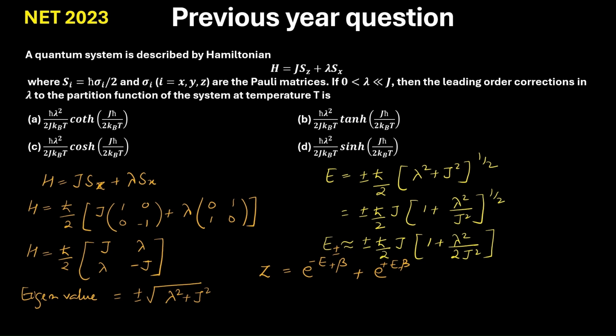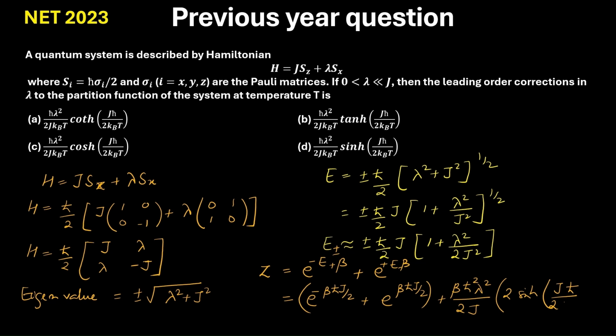So when you substitute this value, you can do the simplification, and finally you'll be getting an expression: e to the power minus beta h bar J by 2 plus e to the power beta h bar J by 2 plus beta h bar square lambda square divided by 2J into 2 sinh of J h bar by 2 kBT.